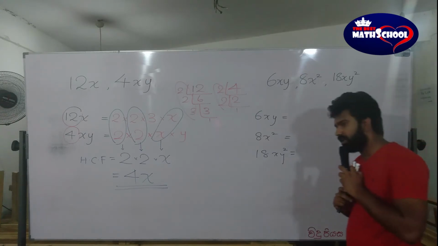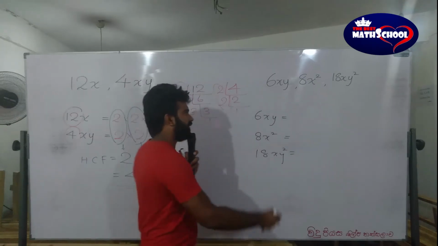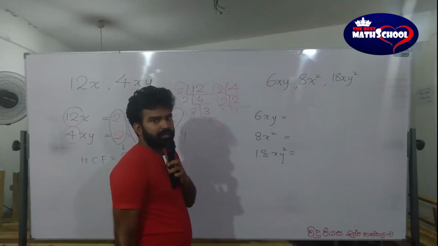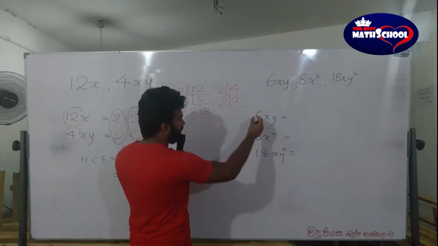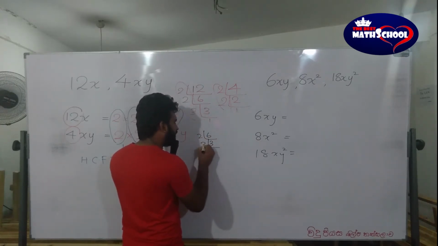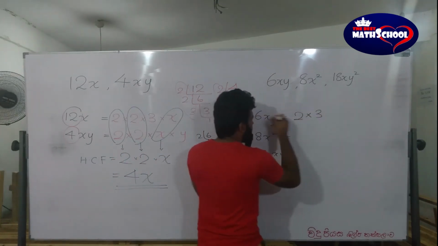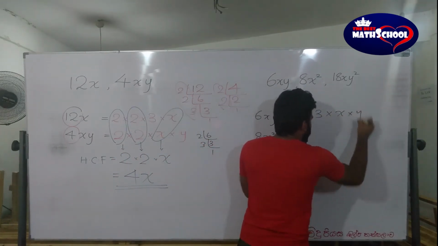When writing as products, take the number first and write it as a product of prime factors. So 6 is divisible by 2, then 3 is divisible by 3, 1, so 2 into 3. And xy is there, that means x and y.